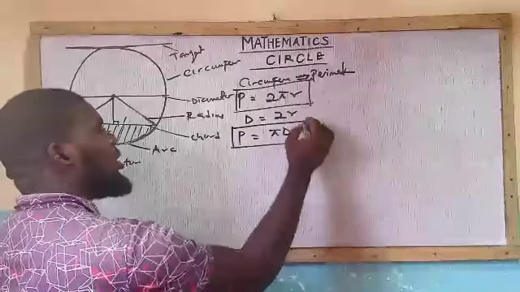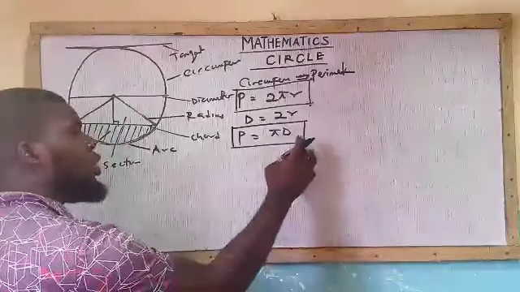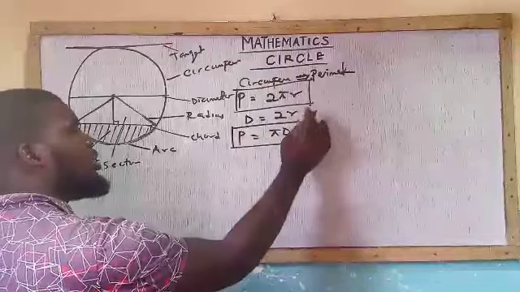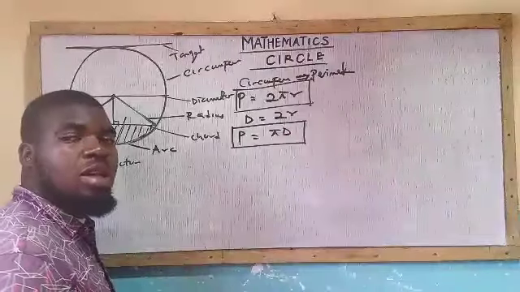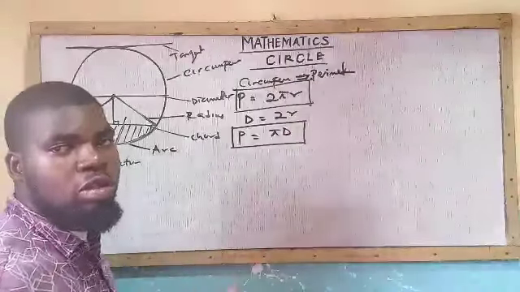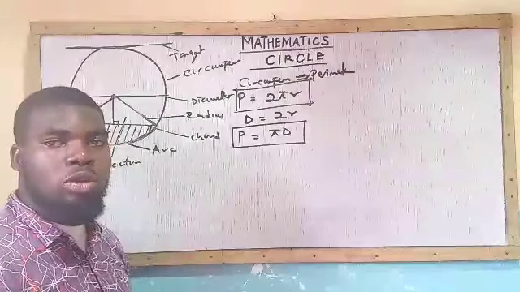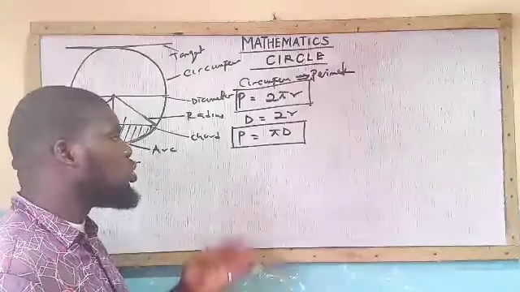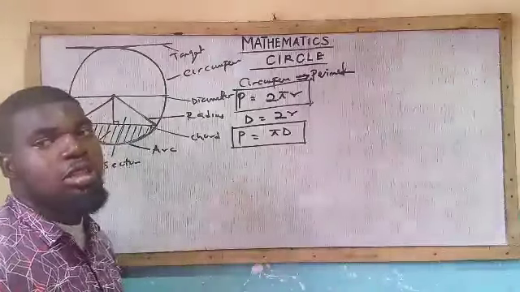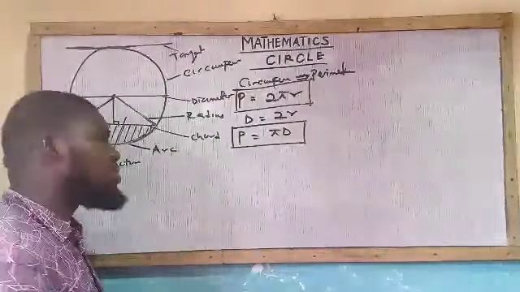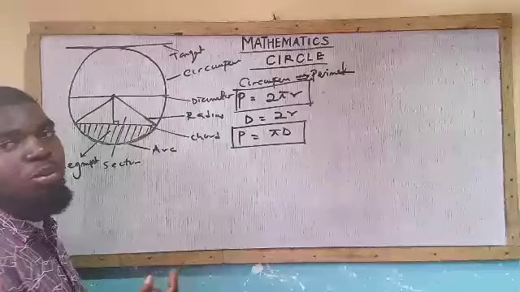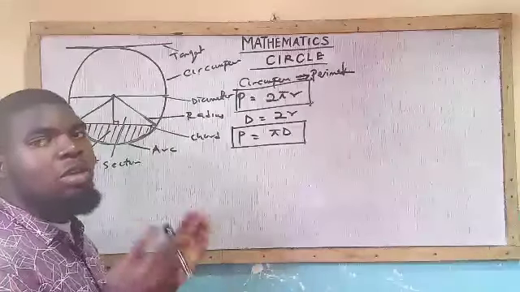And that is why in construction, those of you that have plans to study engineering, whenever you want to construct a cycloid or all those shapes that have to do with a circle, to know the length to use, we make use of pi d.